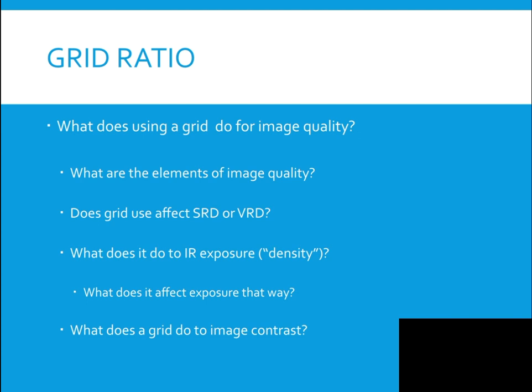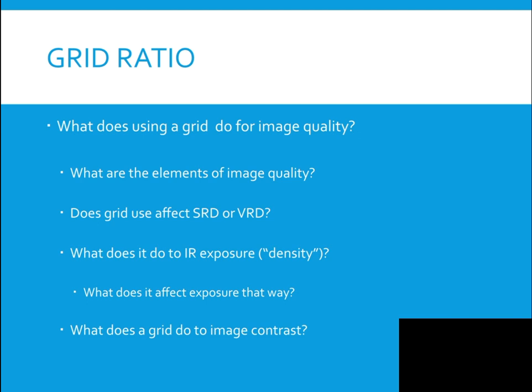So the elements of your image quality are basically sharpness of recorded detail, visibility of recorded detail, density, contrast, those things. So what does it do to image receptor exposure, which equates to density, is that as we increase our grid ratio or we add a grid, then our exposure decreases very dramatically.